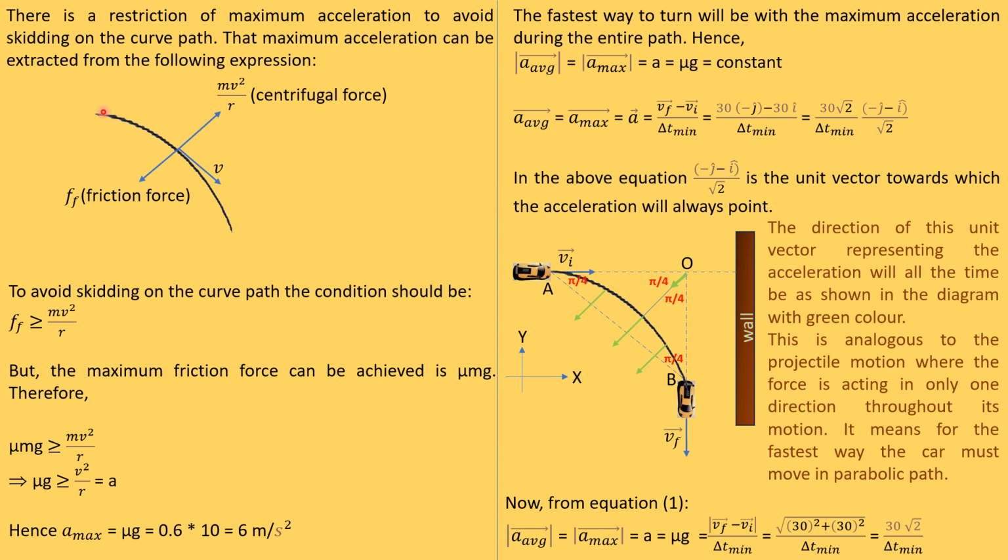But there is a restriction on maximum speed on the curved path, because on the curved path the car will experience a centrifugal force that will try to slide it outwards from the path.